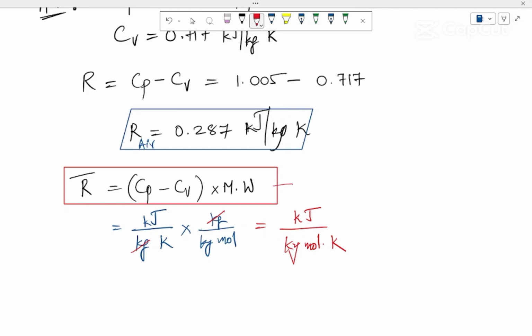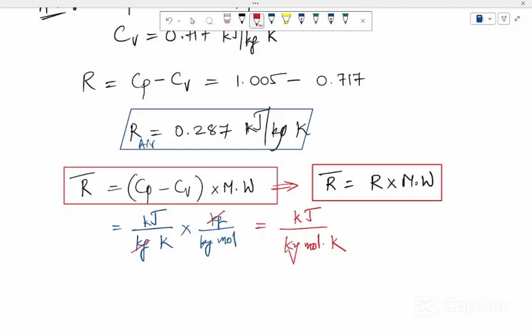The same thing I can write in the form of R as well, right? Because R bar is equal to R into the molecular weight, because Cp minus Cv is nothing but your R. So this is the relationship between R bar and R. You can transform it into various forms. The R bar and R relationship is dependent on the molecular weight, so you have to appropriately multiply or divide with the molecular weight.